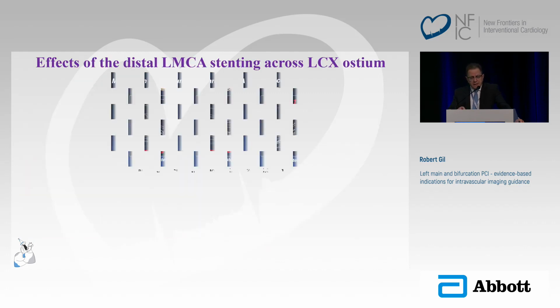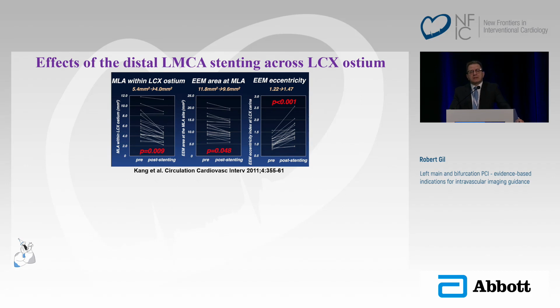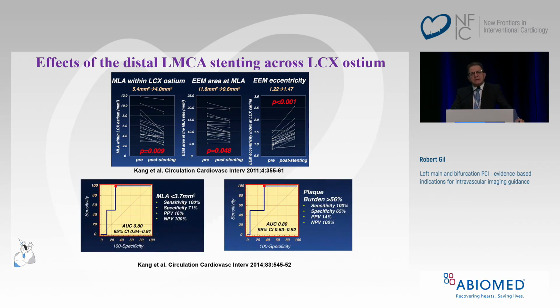However, we should also remember that provisional T-stenting, propagated by the European Bifurcation Club, should also be taken into consideration, because crossover stenting of the distal left main changes the shape and the lumen area of the left circumflex artery orifice.